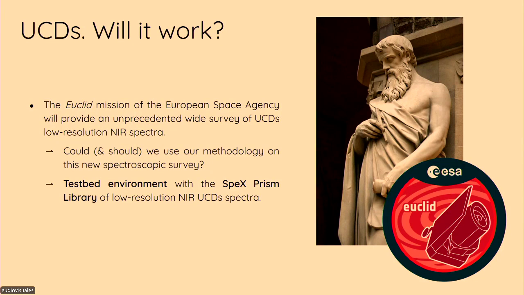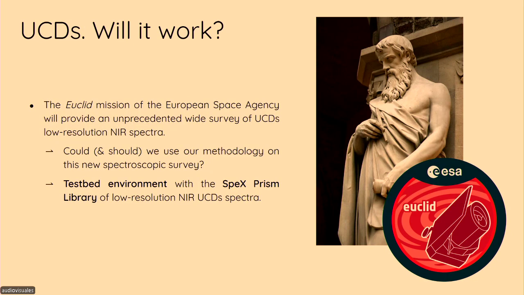So as we saw that our methodology is applicable in the high-resolution domain, and seeing this unprecedented vast survey that we are going to have, we thought if we could and should use our methodology that we tested in the high resolution with this new spectroscopic survey.